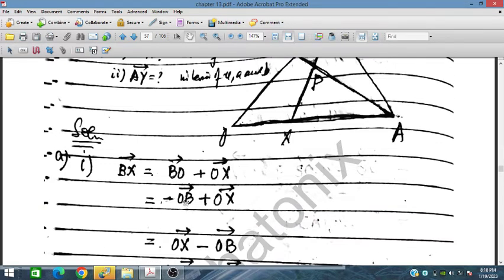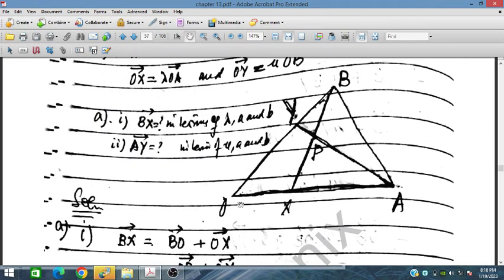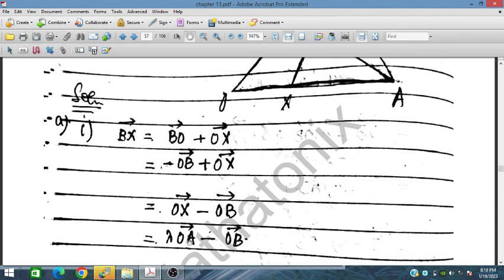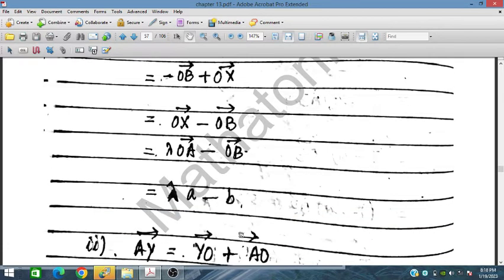So BX is OX minus OB. OX is lambda times OA, so in place of OX we can write lambda A minus B. So this is the first part.